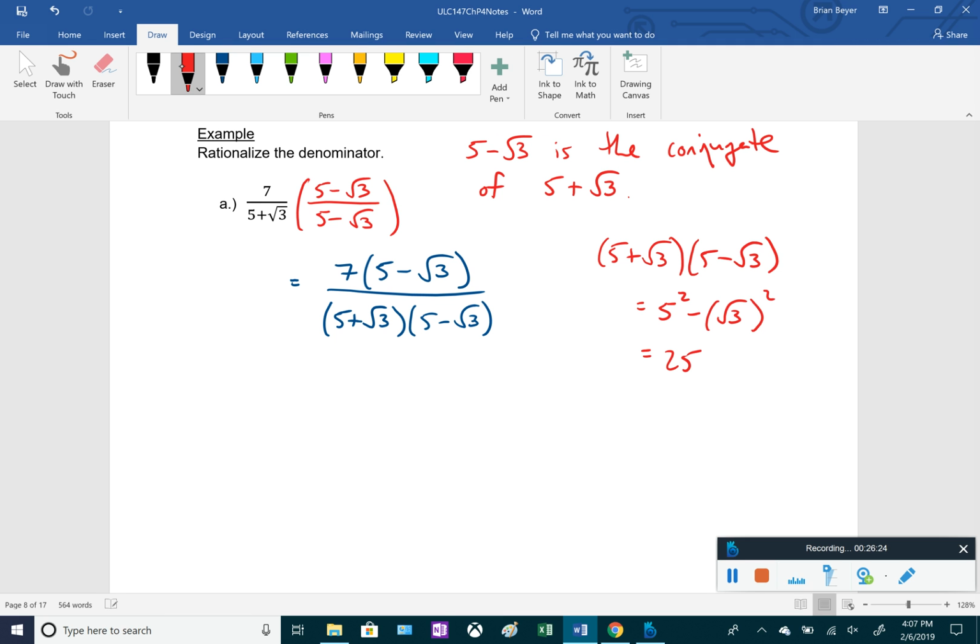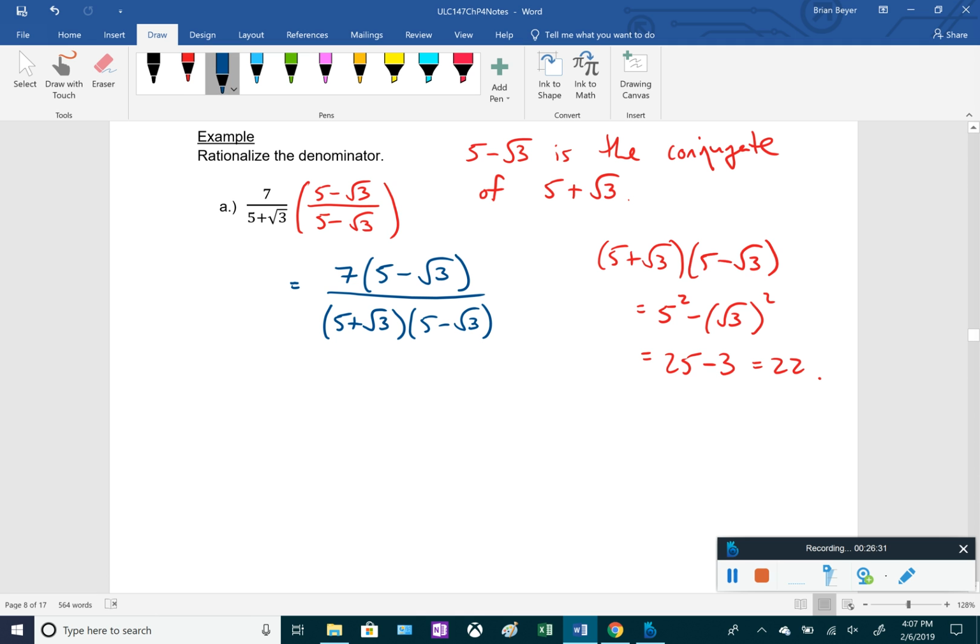So that's 25 minus 3, which is 22. So that whole nasty looking denominator is actually just 22. I'm going to distribute that 7 in the numerator while I'm at it. 35 minus 7 radical 3, and that whole denominator is just 22. So that's it. Looks like that's as far as it can be simplified. Kind of messy, but that's okay.